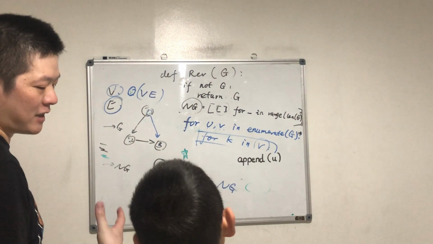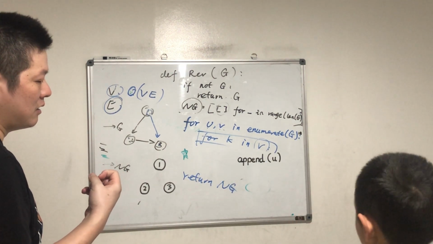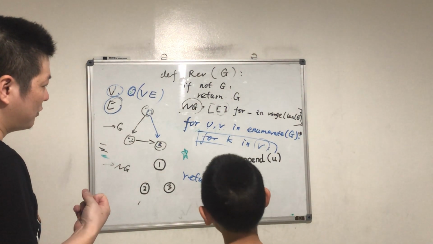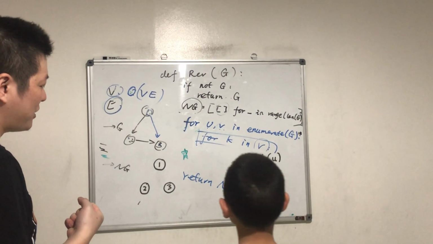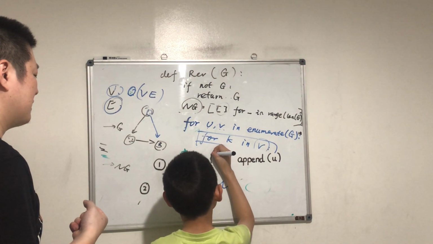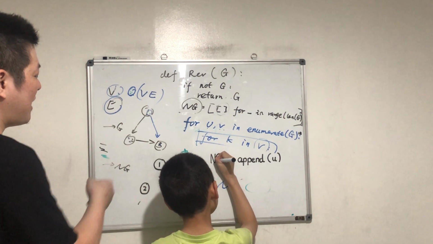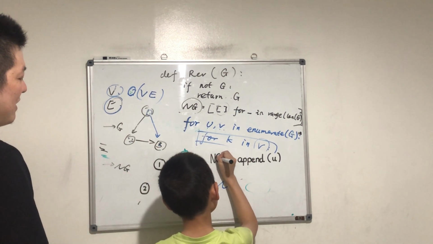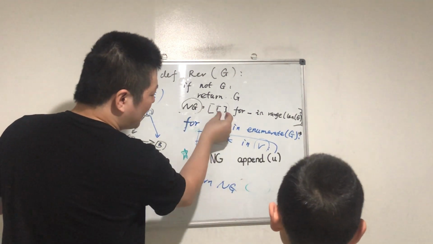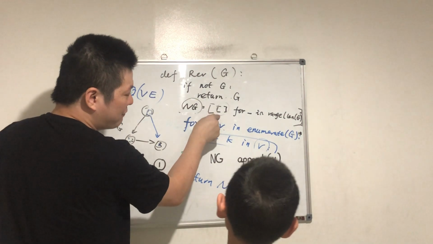So what graph are we modifying? NG is the graph. NG what? Which vertex? K. You just said K to U, right? Because now it's U to K. Remember, NG is the list, a list of lists. Each list is the vertices that the current vertex points to, right?